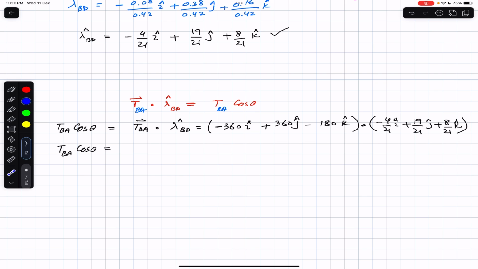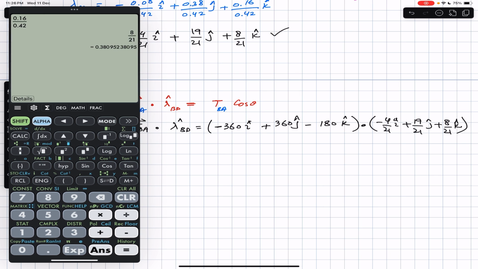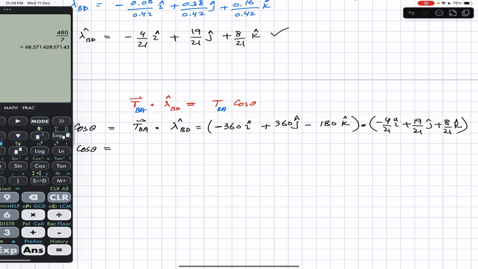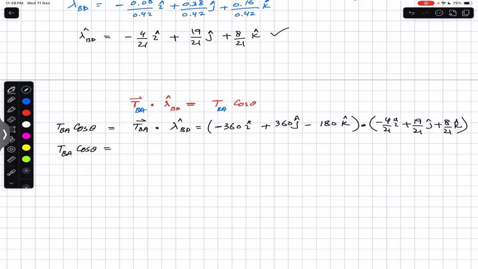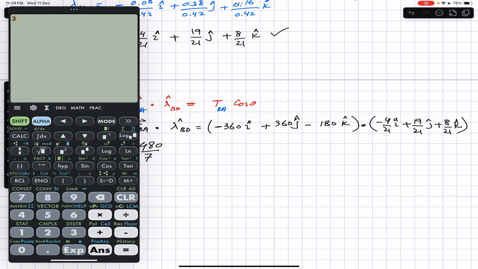Now we can multiply i with i, j with j, and k with k. So minus 360 multiplied by minus 4 divided by 21 gives me 68.571, or we can say 480 divided by 7, and i dot i is 1. Similarly, 360 into 19 divided by 21 gives me 2280 divided by 7.